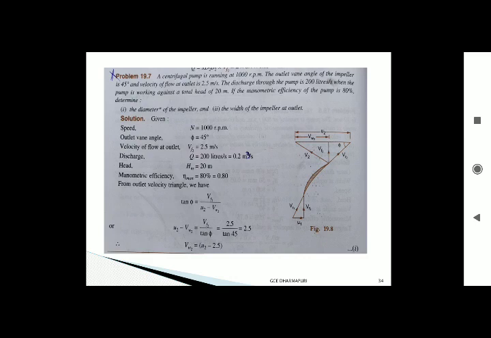Just try to solve them. I used problems from the R.K. Bansal book. That is a good book for understanding concepts and preparing for university exams also. So kindly refer to that book for problems. Here I mentioned the problem numbers in that book too. If you understand these three problems, that will be enough for solving centrifugal pump problems.